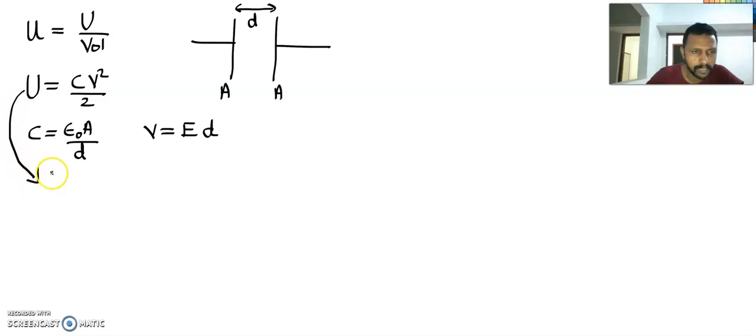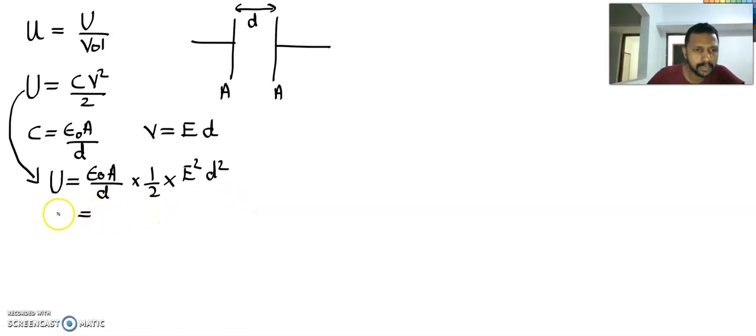Then let's use C and V in this U. Then we could rewrite the expression for energy, where C is replaced by epsilon 0 A by D. There is 1 by 2. Then V square could be written as E square D square. That is, V is equal to ED, therefore V square will be E square D square. Clear?